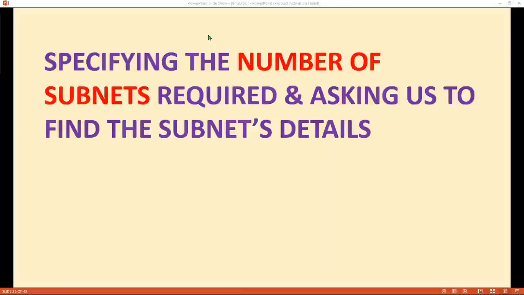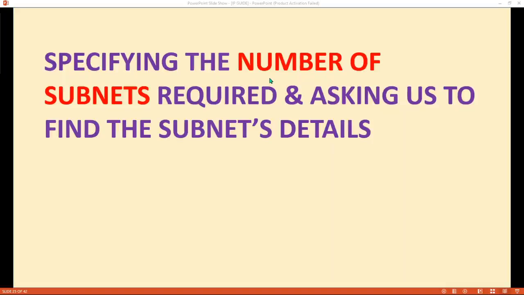So now, if the question specifies the number of subnets required and they are asking you to find the subnet details. Okay, earlier they specified the number of hosts per subnet. Now they are specifying how many subnets they need, how many networks they need. No matter how many hosts are in each subnet, they didn't mind. They just wanted you to create a certain amount of subnets. Okay, that is the requirement here.